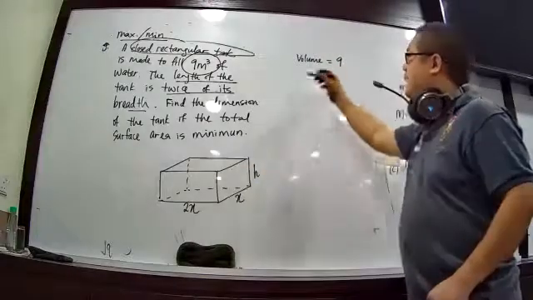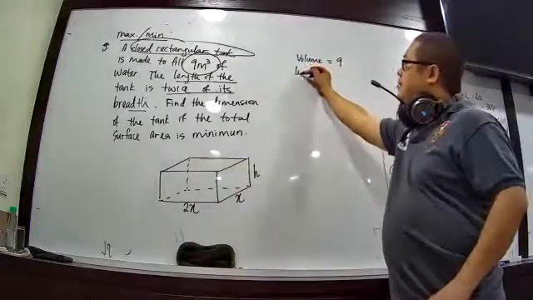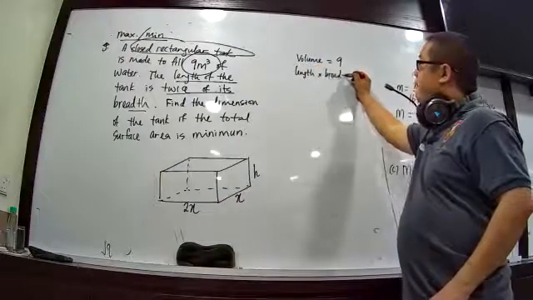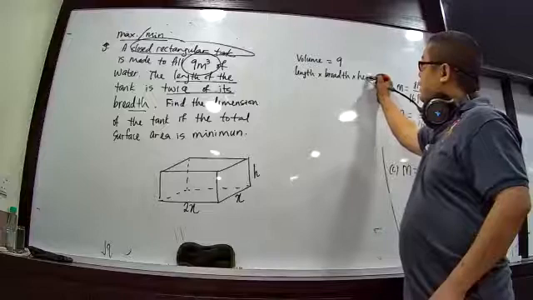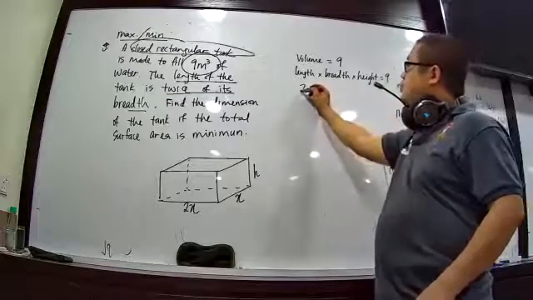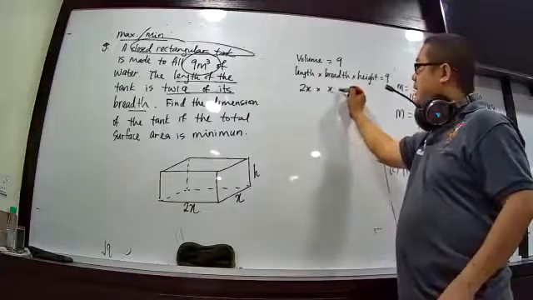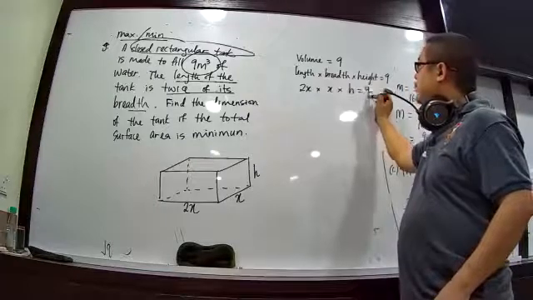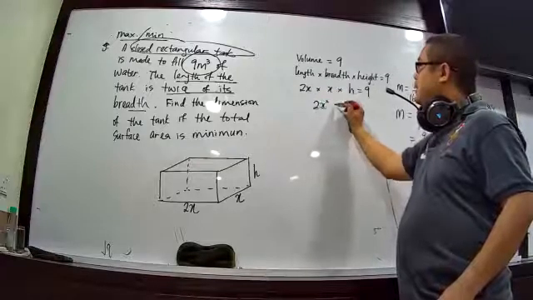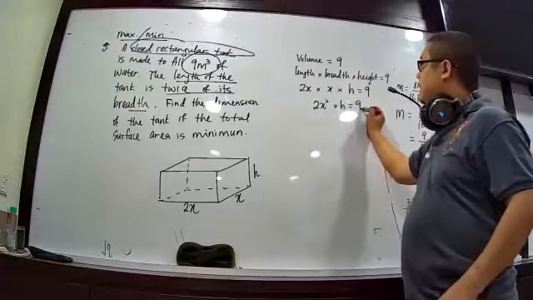So volume means length times breadth times height, so it's equal to 9. So 2x times x times h equal to 9. So you get 2x squared times h equal to 9.